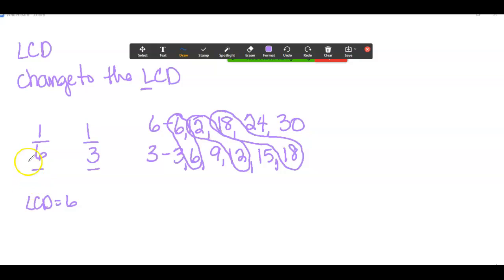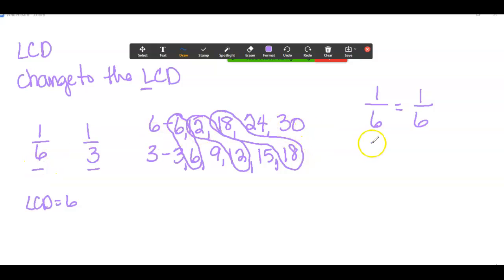Okay? And I like when that happens because then that means that I don't have to change the 6th. Because if I'm over here and I want to change this into 6th, well, wouldn't that be 1/6? It would be exactly the same, right? Okay, so I like when one of the denominators can go into the other because it's actually less work.